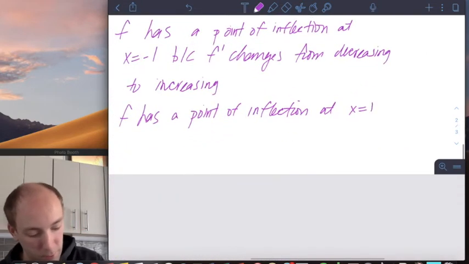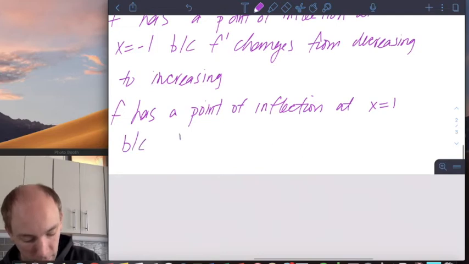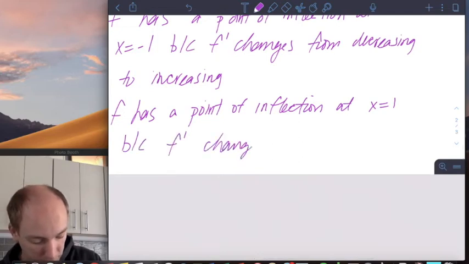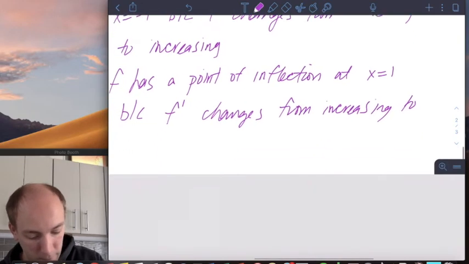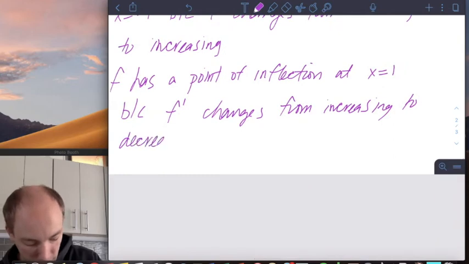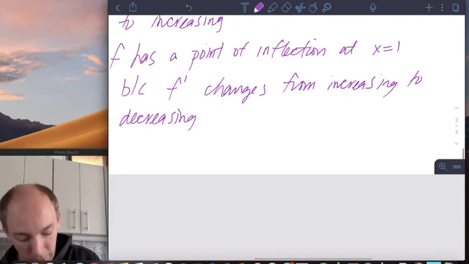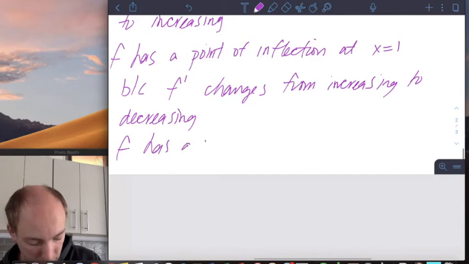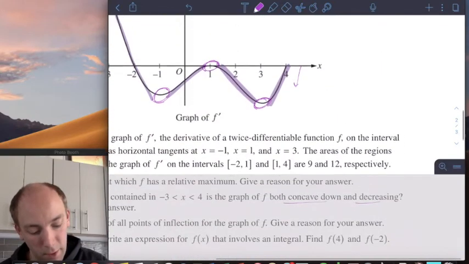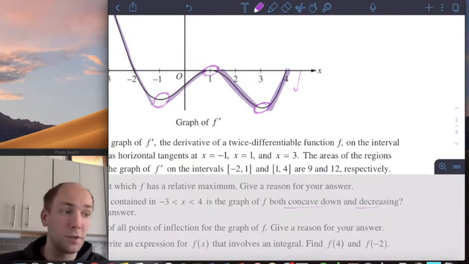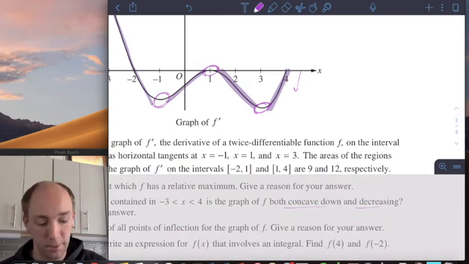So at x equals 1, because f prime changes from increasing to decreasing. And then lastly, f has a point of inflection at x equals 3, because the graph changes from decreasing to increasing.